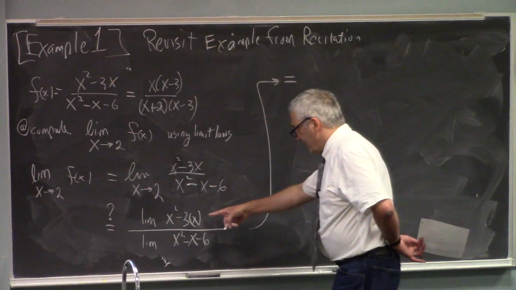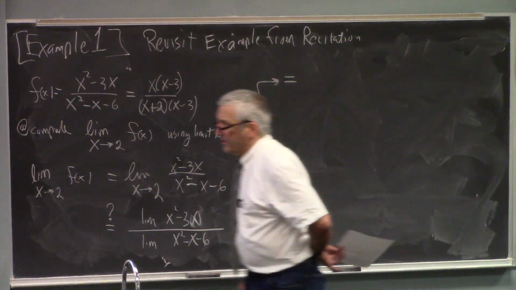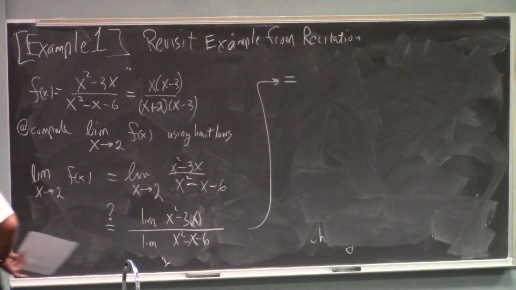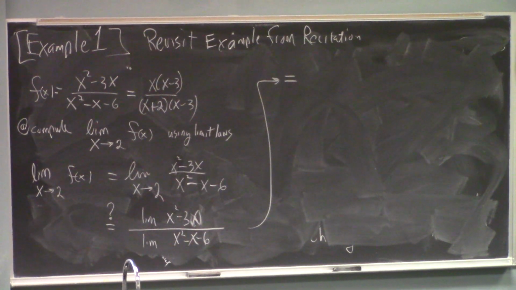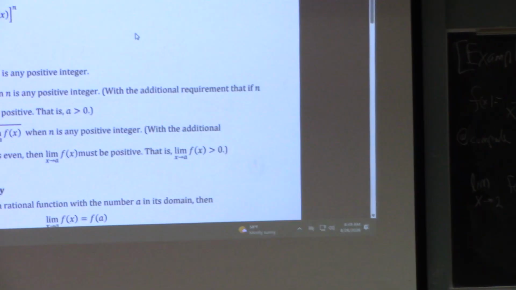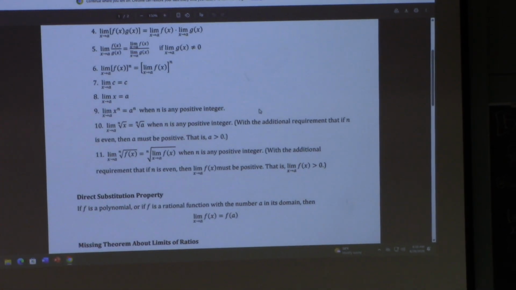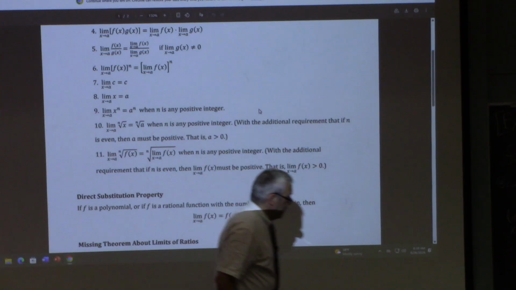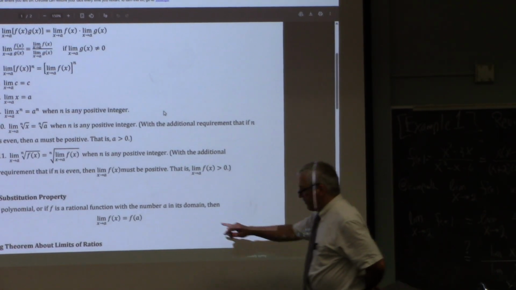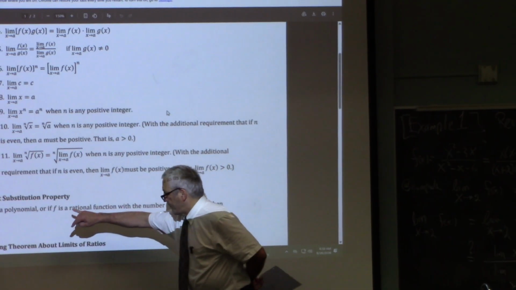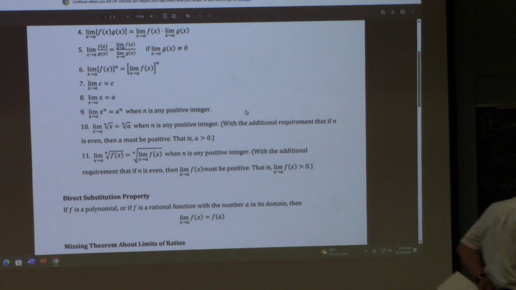So what would be the limit of the thing on the top? Well, let's see. There's actually a rule: if you have a function that's a polynomial, you can just plug in the number. So the direct substitution property says if I have a polynomial, I can compute the limit by just plugging in the number.